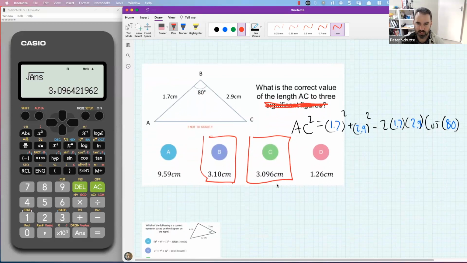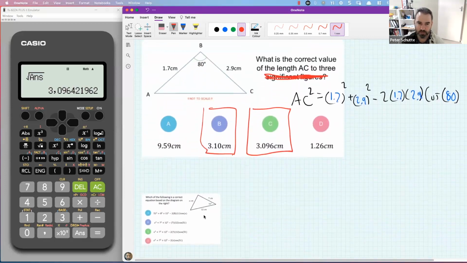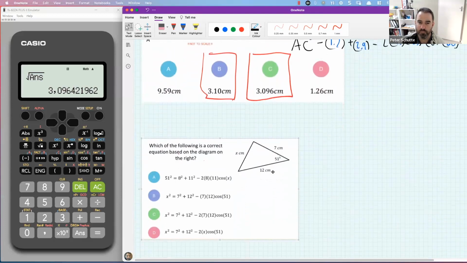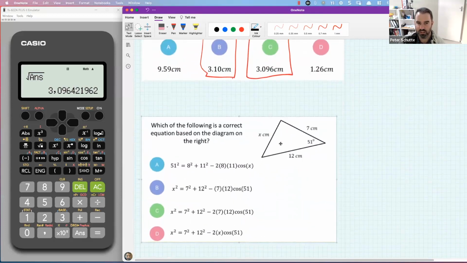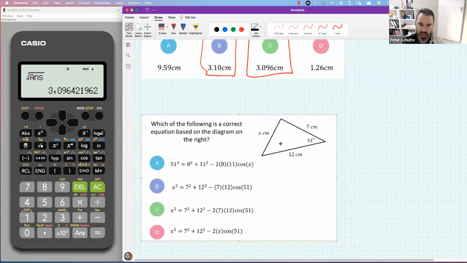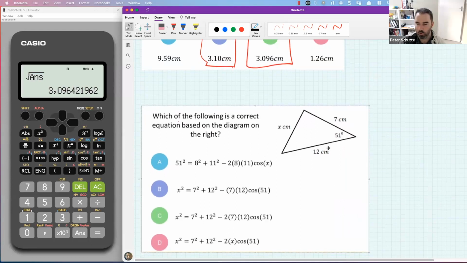I think we can squeeze in one more before we have a break. So here is your next multiple choice question. I'll blow it up in a second, just so that you can see the whole thing. Which of the following is a correct equation based on the diagram on the right? And now it's starting to get a little bit more exciting.